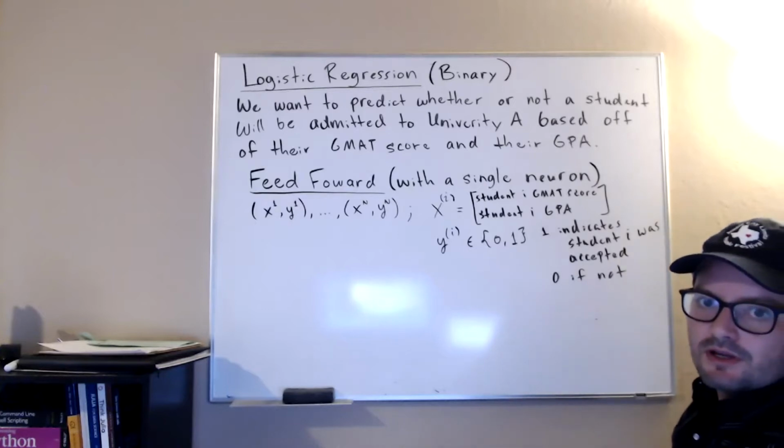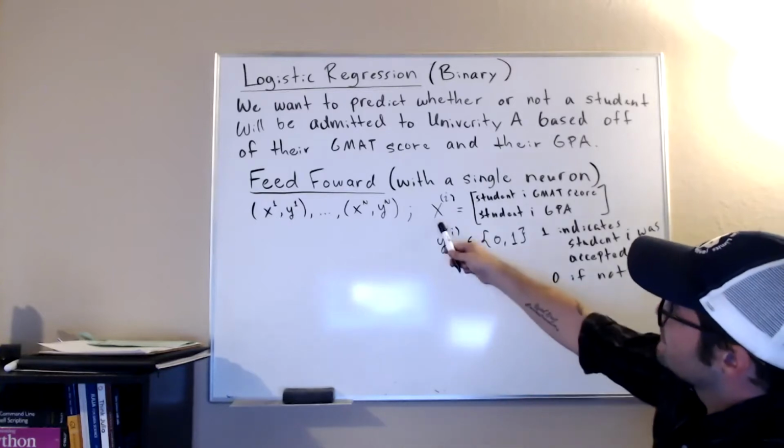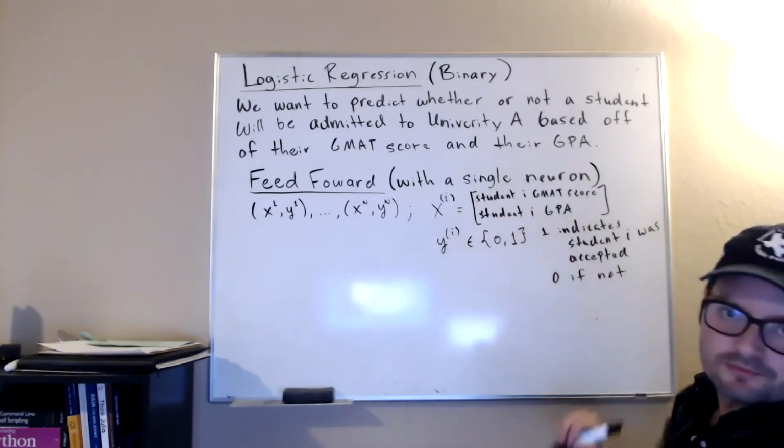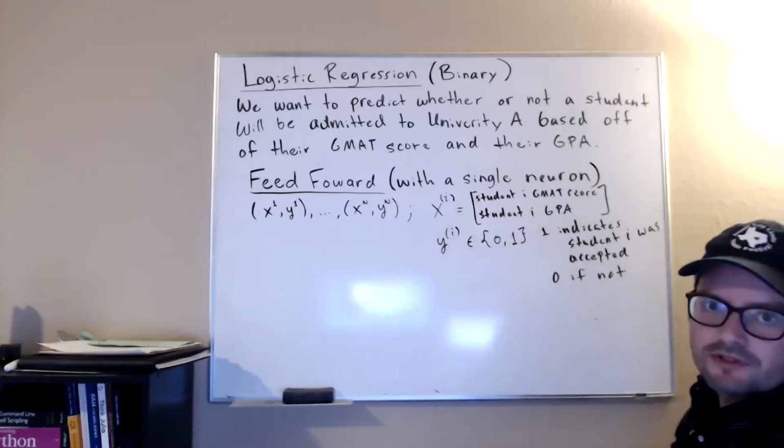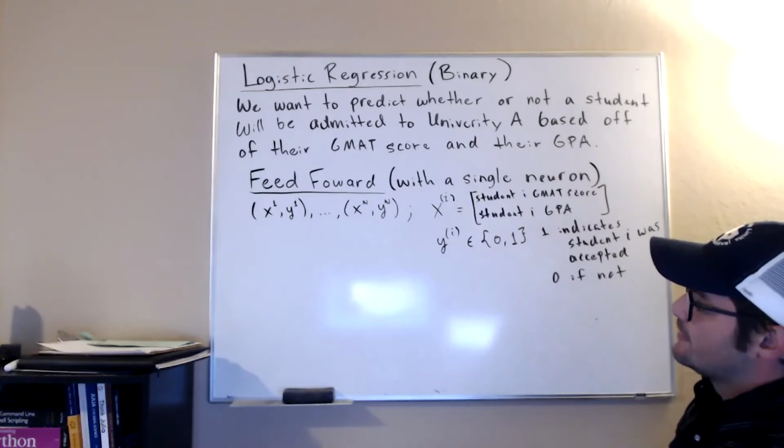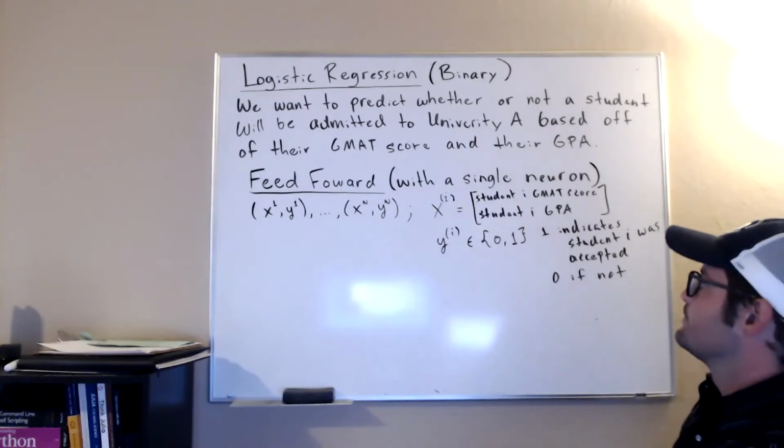Okay, so we have a feature vector and a label for each of these data points. So this is, again, a supervised learning situation.